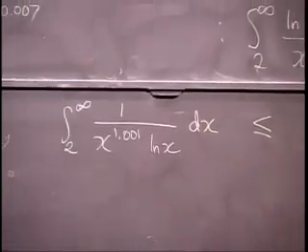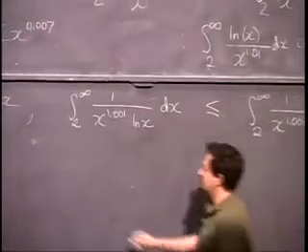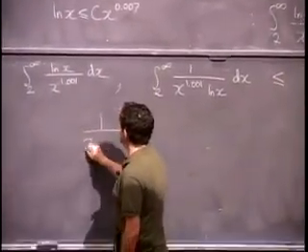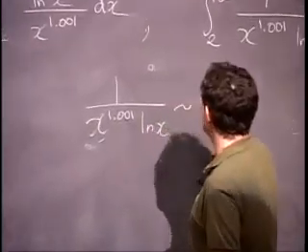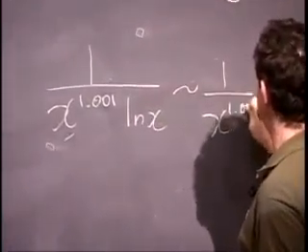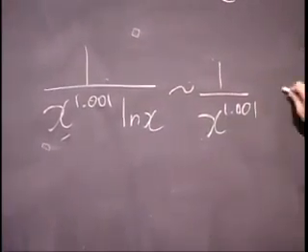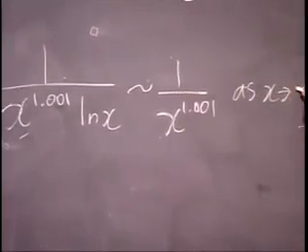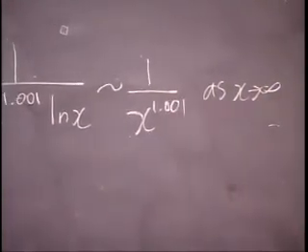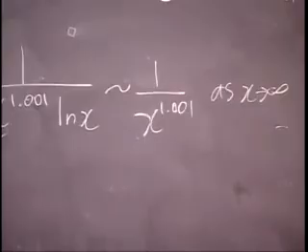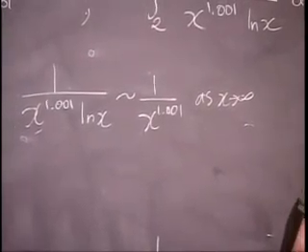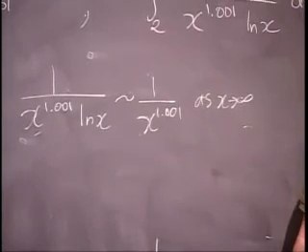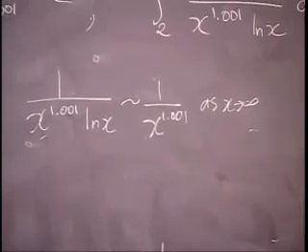The question is, why not just say 1 over x to the 1.001 log x is asymptotic to 1 over x to the 1.001 as x goes to infinity? Who thinks that's correct? Okay, who thinks that's incorrect? Who doesn't think? Wow. Most of you don't.